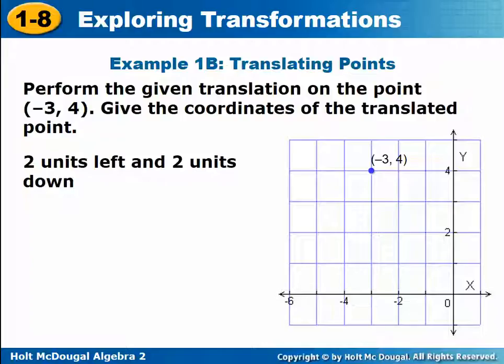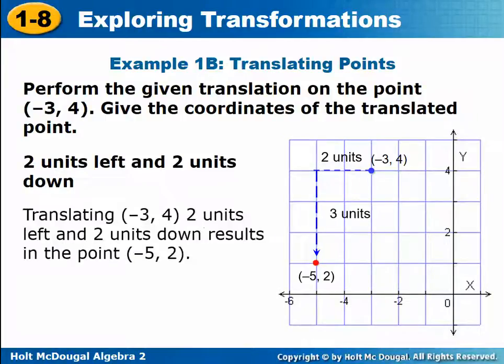With a translation, you can also move in more than one direction. For this translation, you're going to move 2 units left and 3 units down. So they went horizontally 2 units left and vertically 3 units down, and the new point would be at -5,2.